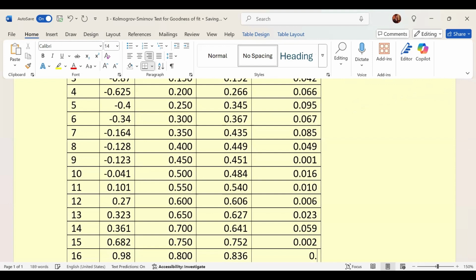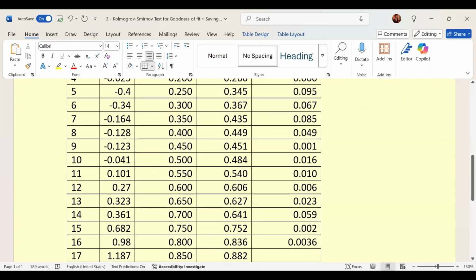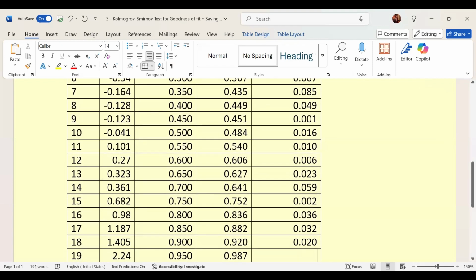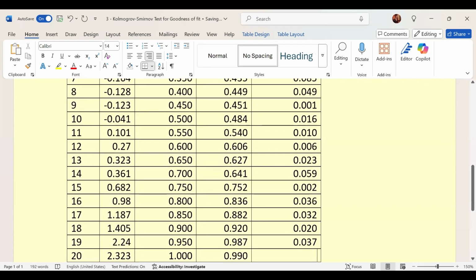Next will be 0.0036, sorry, single zero. Next will be 0.032. Next 0.020. Next 0.037. The last 0.010.